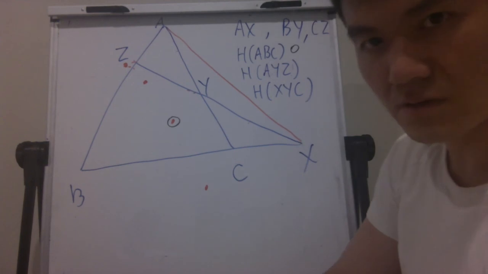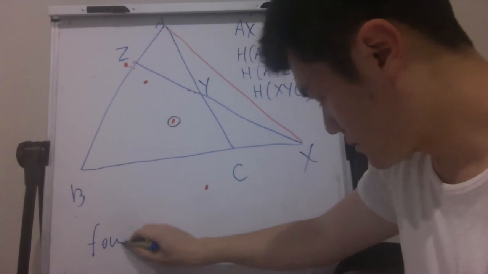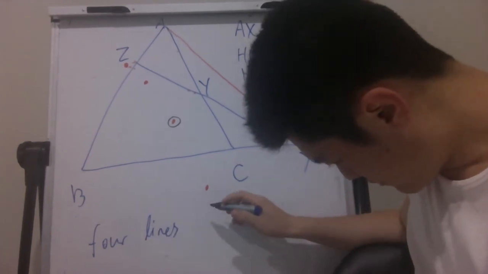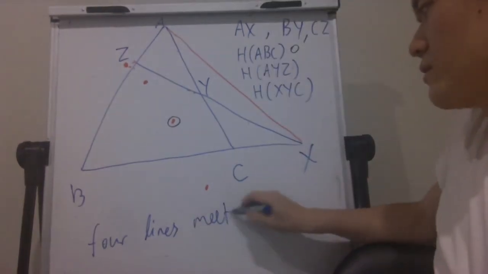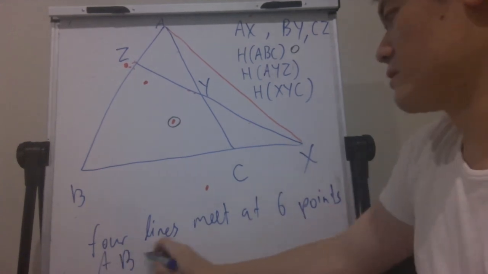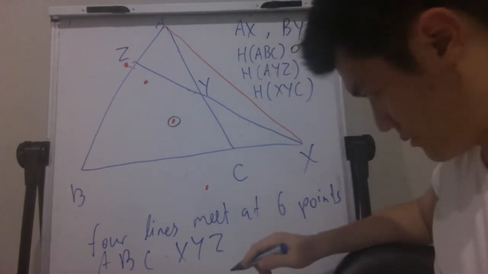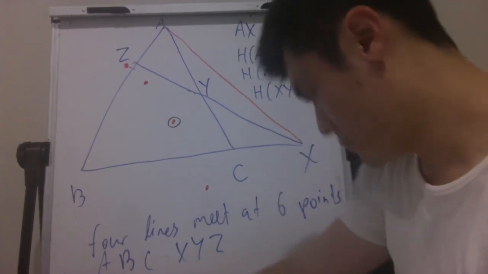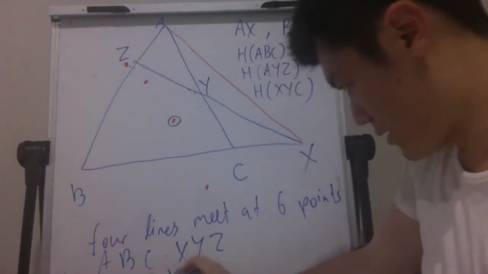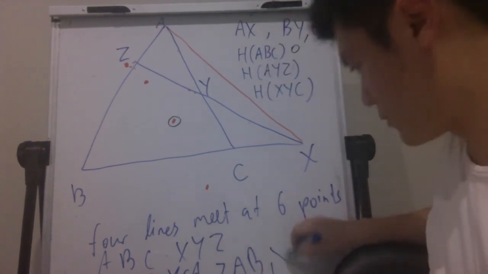So maybe I can state the theorem again. Four lines meet at six points. I'm going to call them A, B, C, X, Y, Z, so that X, B, C, Y, C, A, Z, A, B, and X, Y, Z are collinear.